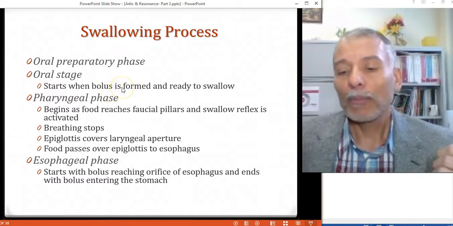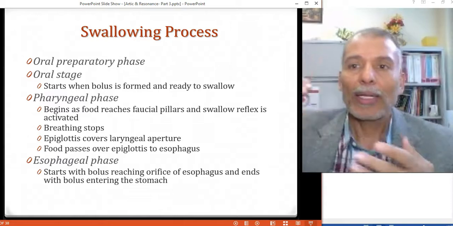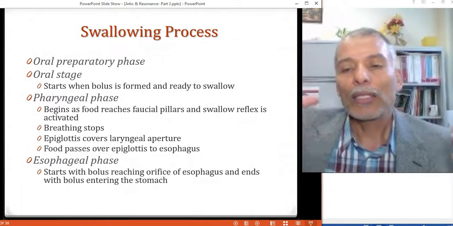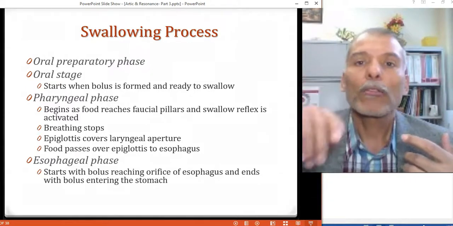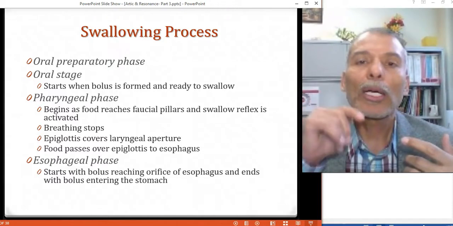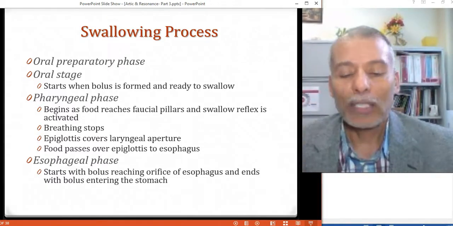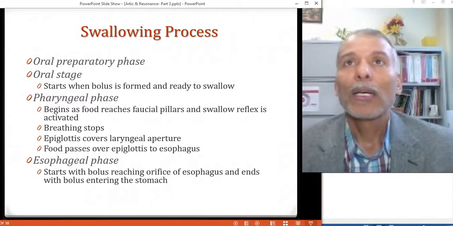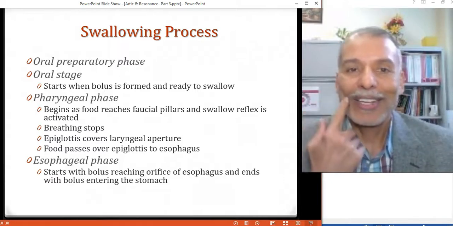And it begins with crushing the food and then grinding it and making it ready to swallow. And it involves a lot of activity of the intrinsic tongue muscles and also the extrinsic, but the intrinsic are very active. You do not necessarily feel their movement unless you have anesthesia that's affecting tongue function.